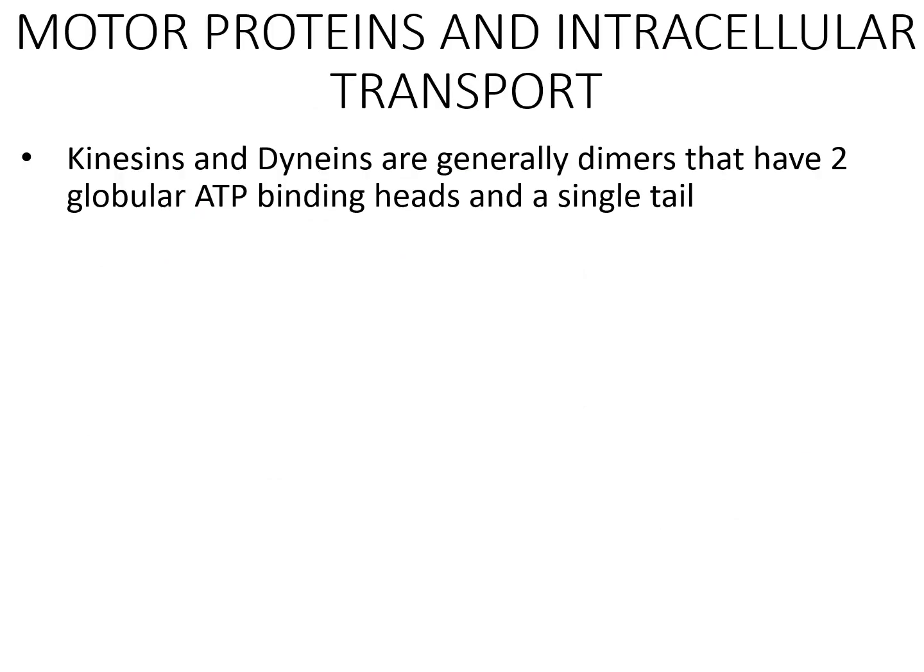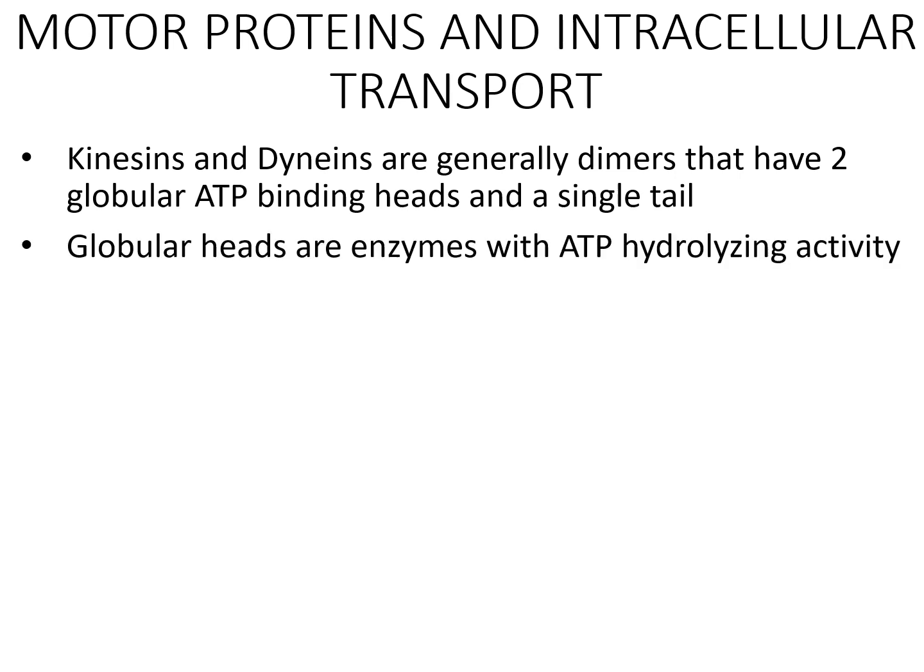So when you look deeper into these kinesins and dyneins, they are dimers that have two globular ATP-binding heads and a single tail. These globular heads are enzymes with ATP-hydrolyzing activity, so they can hydrolyze ATP.